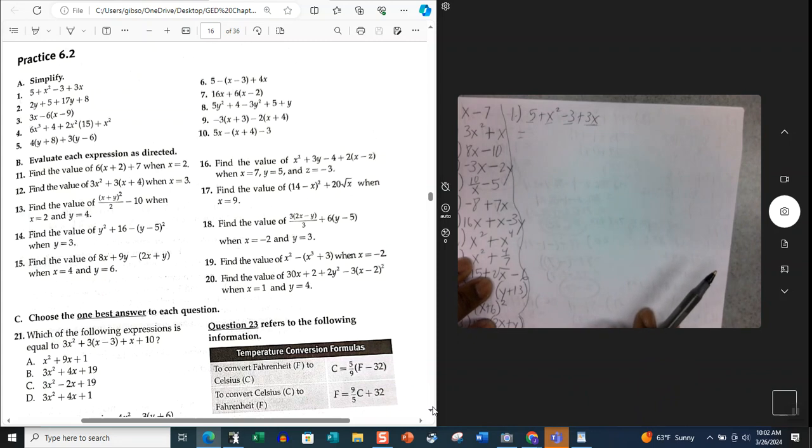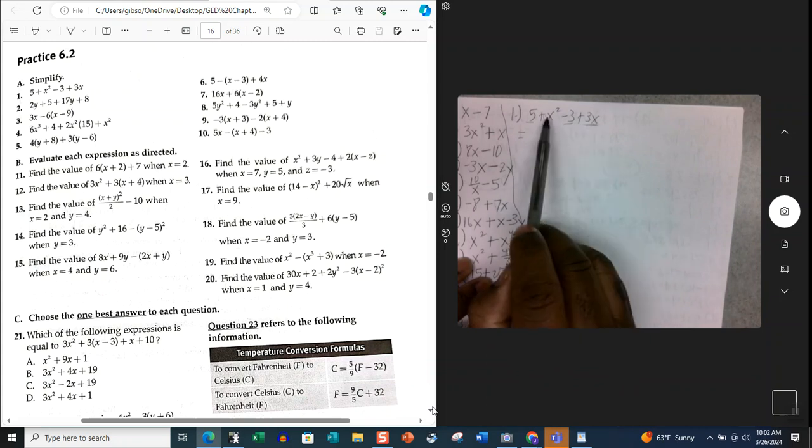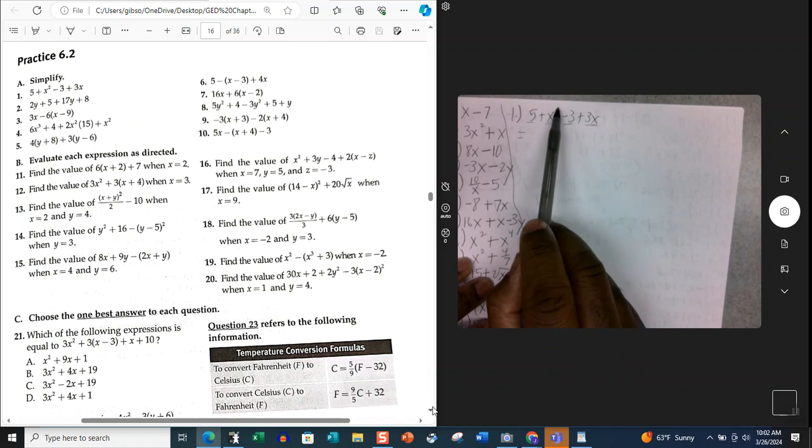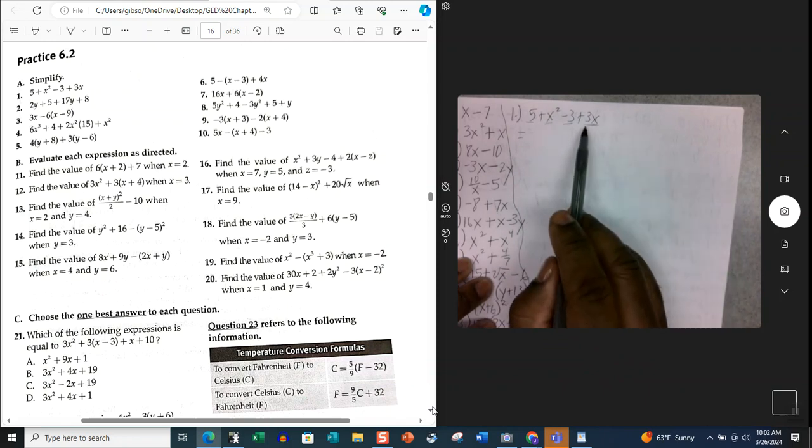So when we combine like terms or simplify, I always say look at the variable. In order for the variables to be like terms, they must have the same variable and the same exponent. These are the same variable, but not the same exponent, so they're not like terms.